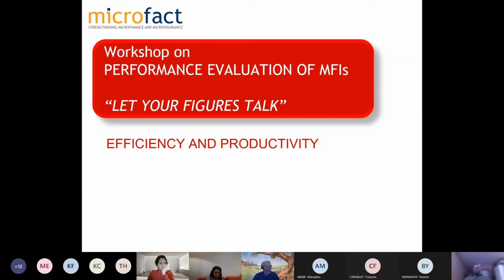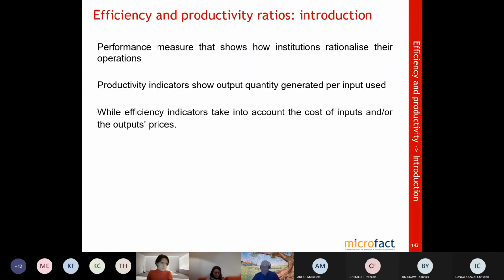About efficiency and productivity. As I told you, the most important indicator. So this is more about how organizations rationalize their operations. Being efficient is important for many reasons, because microfinance institutions do have a high cost ratio, because they are working with tiny loans, and it's the same effort to give a loan of 100 euro or one of 10,000 euro.